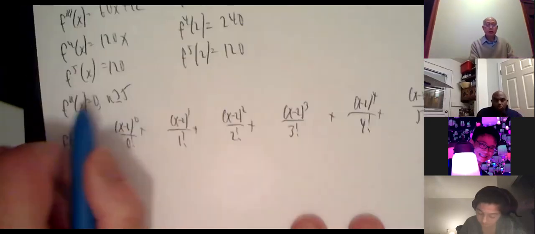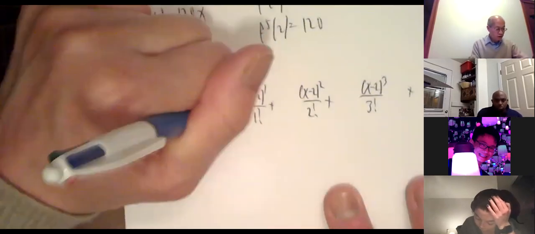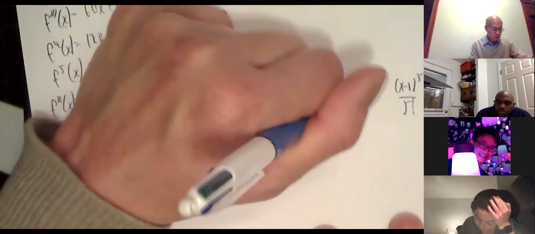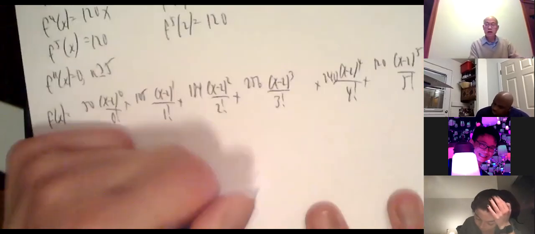I can stop because all the others are 0. And let's see, 50, 105, 184, 256, 240, 120.